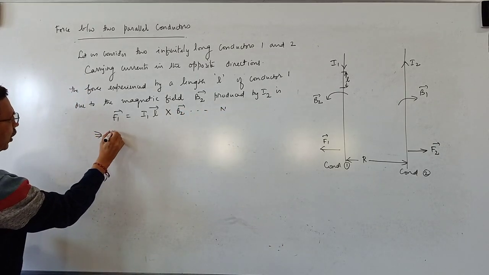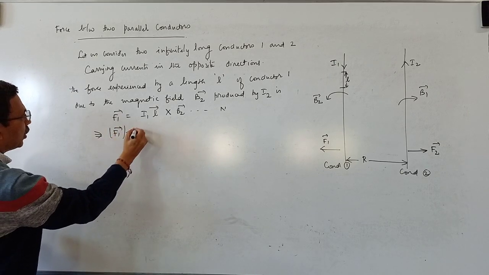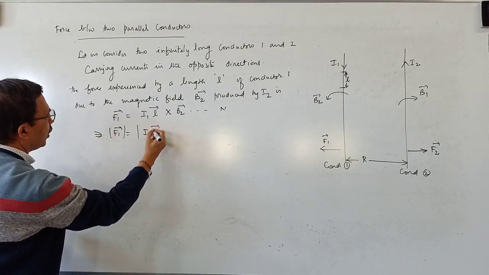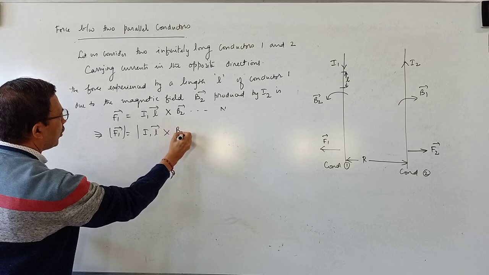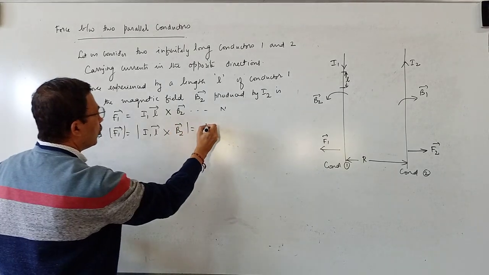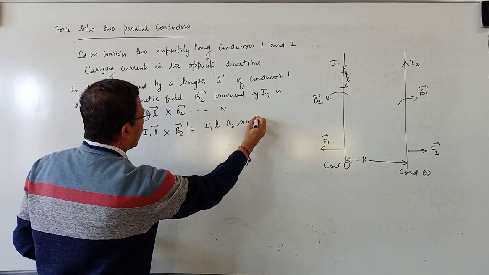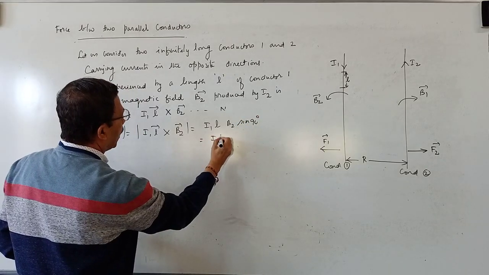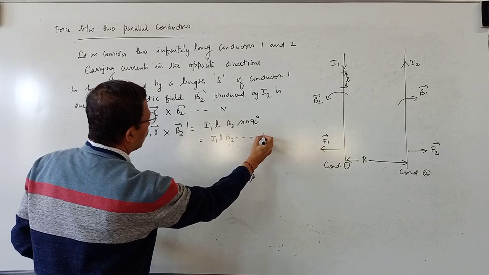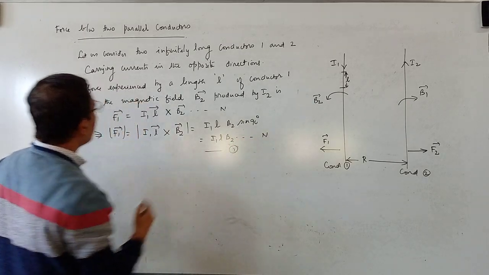This implies the magnitude of this force is the magnitude of I1 vector L cross vector B2, which is I1 into L into B2 into sine 90 degrees, equal to I1 L B2 newtons. This I call equation 1.